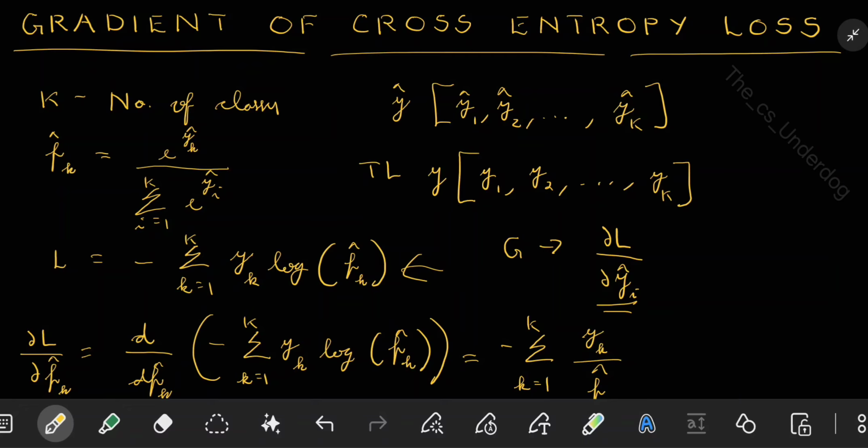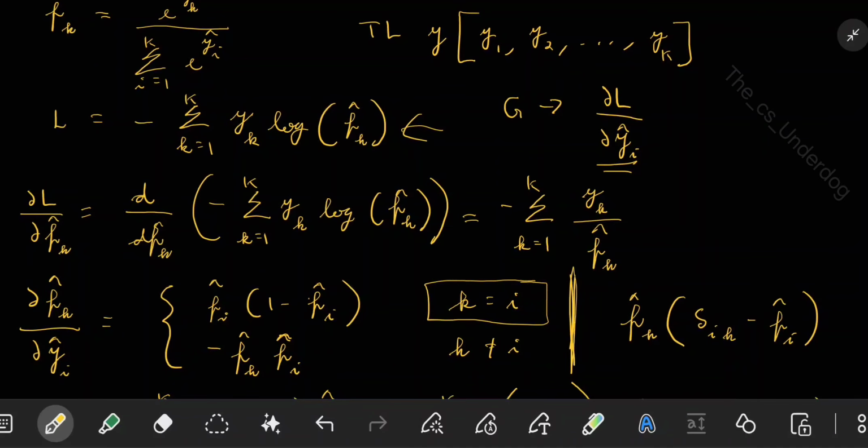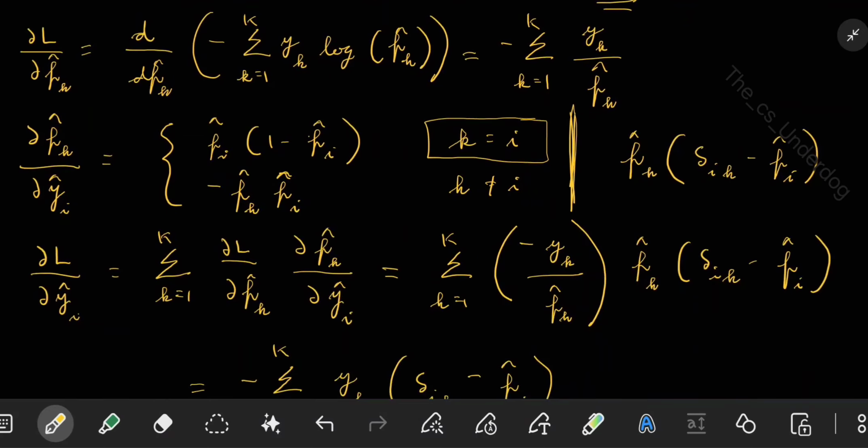So this is how we have taken the gradient. Let us just skim through this. We first introduced all the terminologies that are required. Then we said that this is the loss that we have and this is the gradient that we want to find. In order to find this gradient, we had two parts. One is del L by del pk. Second part is del pk cap by del yi cap.